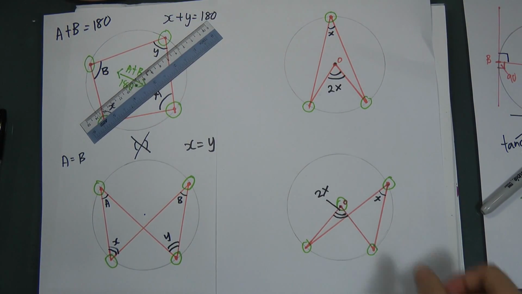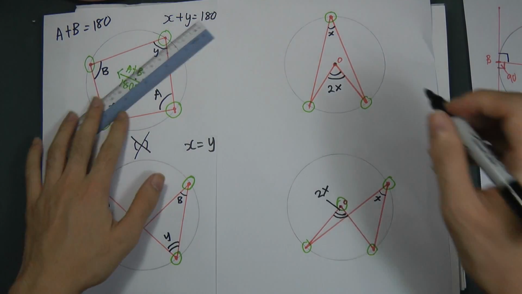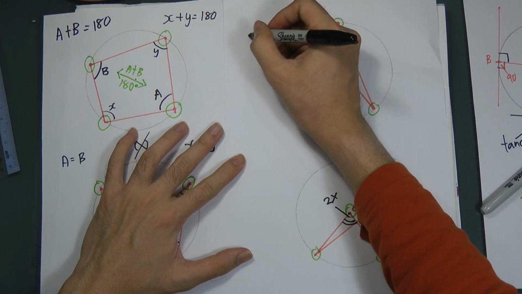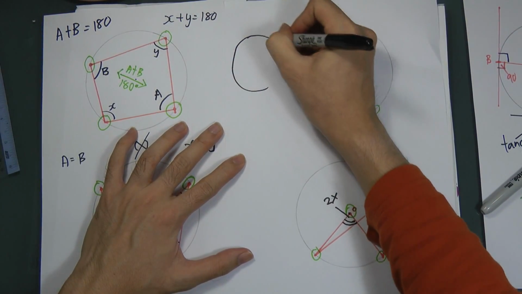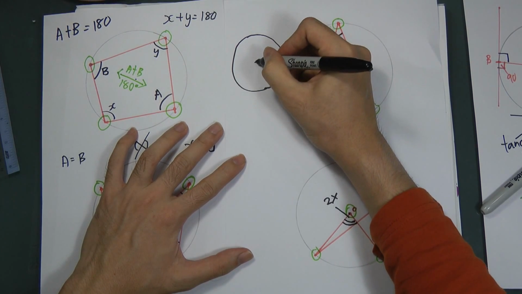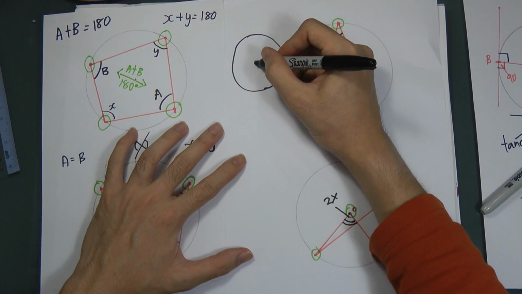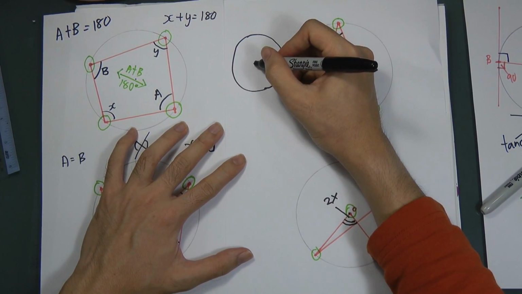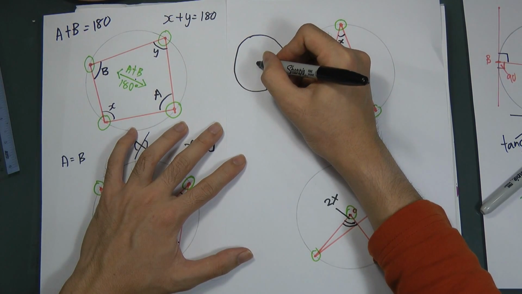Okay, and then one more thing which I think some students will confuse is something like this. I just use the free space to draw. You got the center point, and then you got a triangle like this.